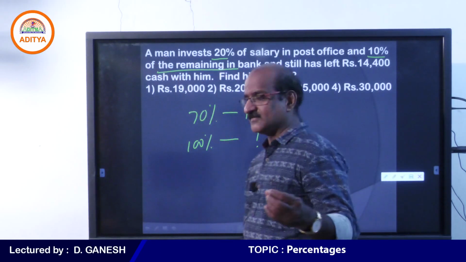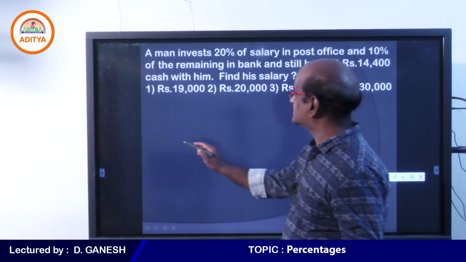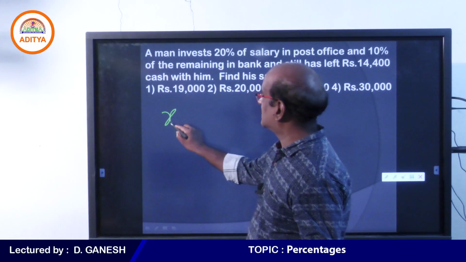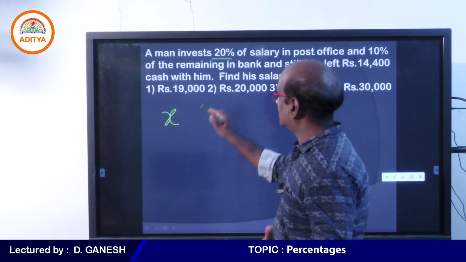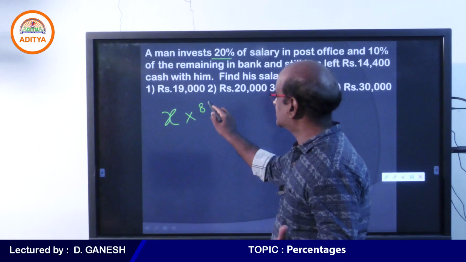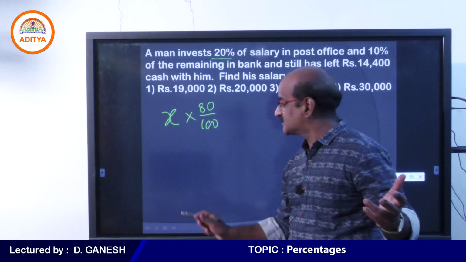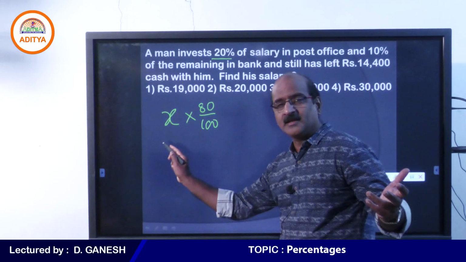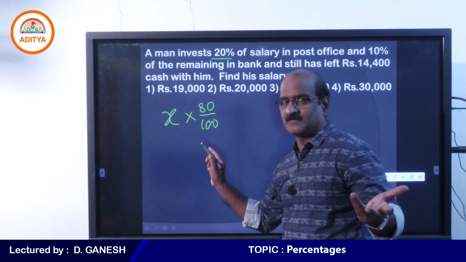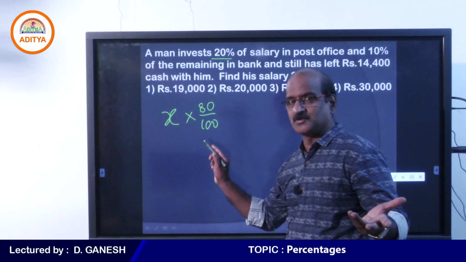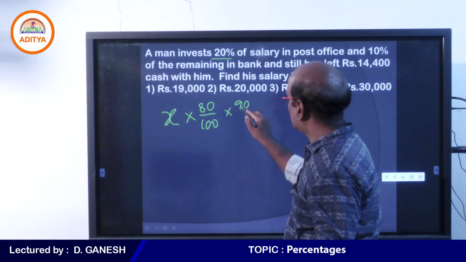Whenever this kind of question is given, we should answer it like this. Let us assume that the total salary of the man is X rupees. After investing 20%, how much is he left with? 80%. Do you understand that? This is the remaining salary after investing 20% in post office. Out of the remaining, he is spending 10% in bank.